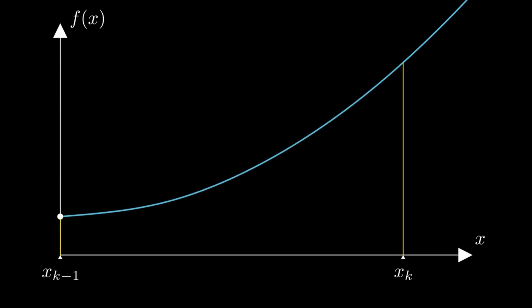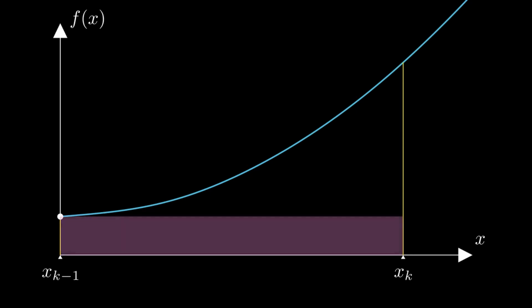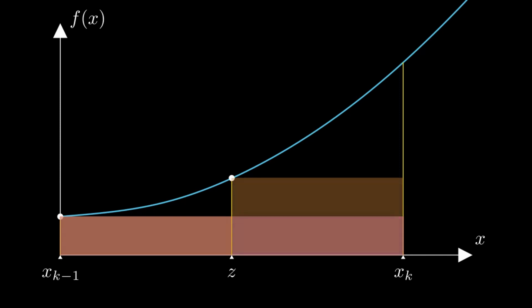Similarly, for the lower sum without t, the infimum would be f of x_{k-1}, so the rectangle would be as shown. When we add an element t to the partition between x_{k-1} and x_k, one can clearly see that the combined area of these two rectangles is greater than the area of the previous rectangle. Therefore, when we form a refinement, the lower sum increases.